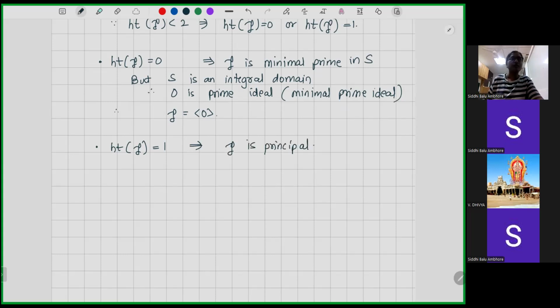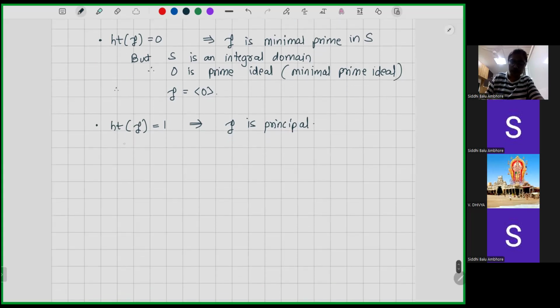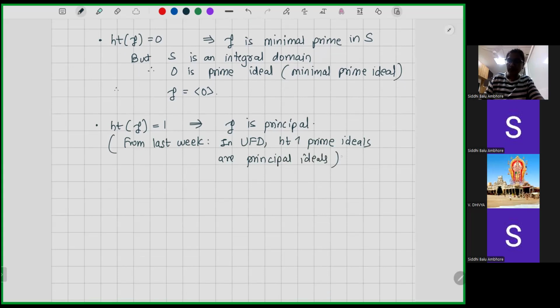So let me write this from last week. We have that in a UFD, height 1 prime ideals are principal ideals. Okay, so this is what we did last time.